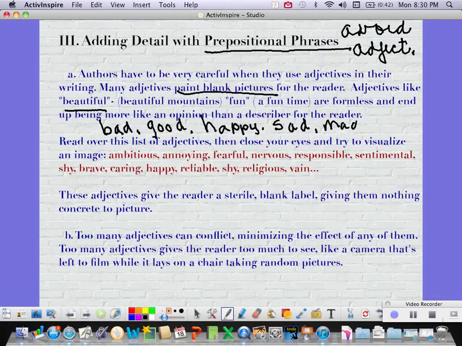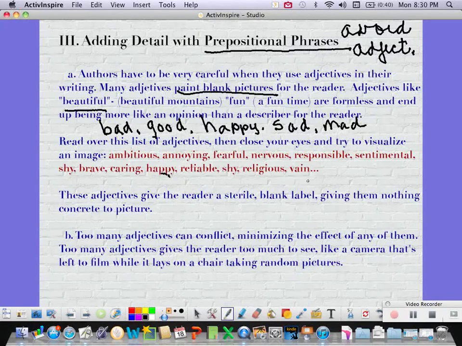Look at the list of adjectives I've put down here. Then close your eyes and try to visualize a picture. Ambitious, annoying, fearful, nervous, responsible, sentimental, shy, brave, caring, happy, there's that happy, reliable, shy, religious, vain. They're all adjectives, but they don't do very much for the writing. They're sterile and they're blank.